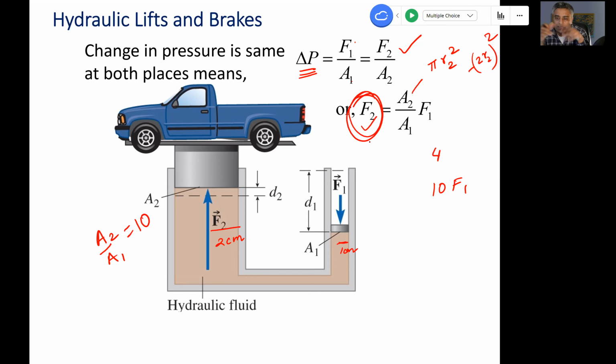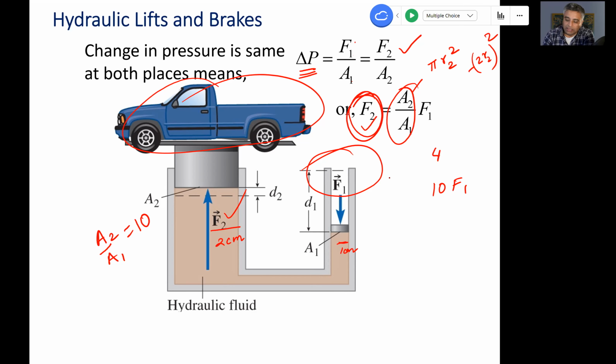So remember, this is the fractional area, but sometimes you may be given a radius. So you need to take account of that when you are given a radius, okay? So that's how you multiply the force. If you try to lift a truck, most likely you cannot. I cannot for sure, I know that, okay? But if you put that in a hydraulic lift, maybe you can do it.